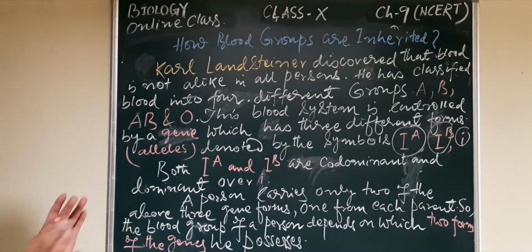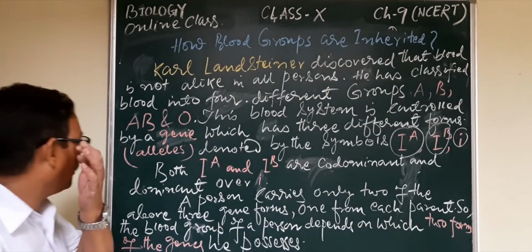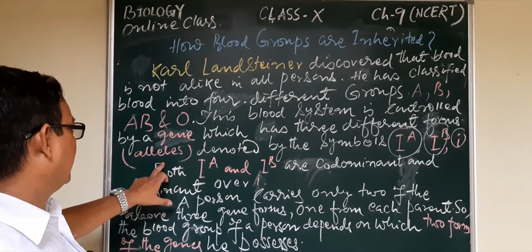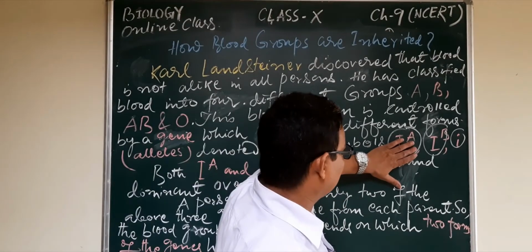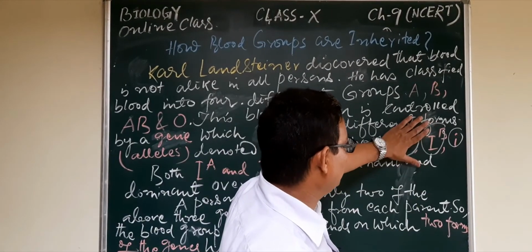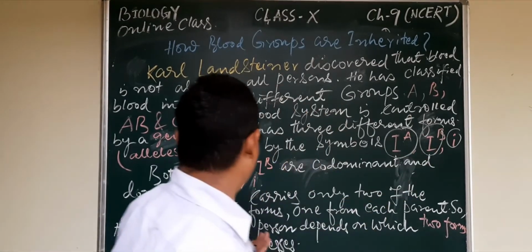So here are 3 different forms of the gene. These 3 forms are the alleles of a particular gene that determine the blood group.